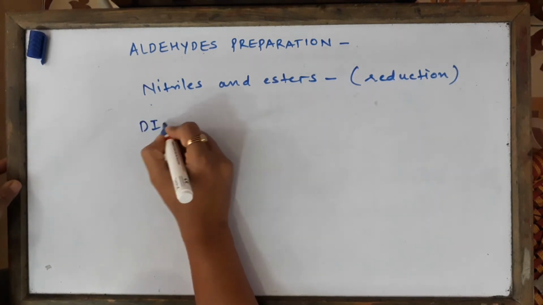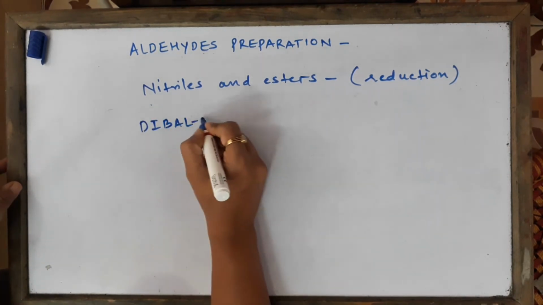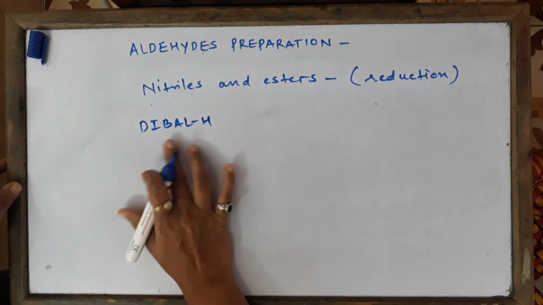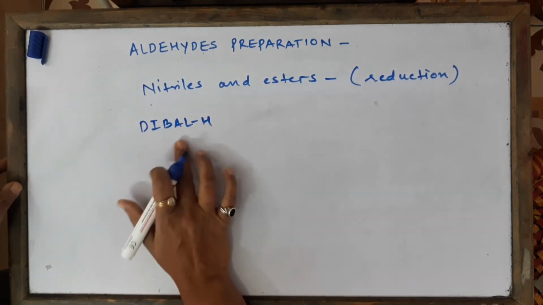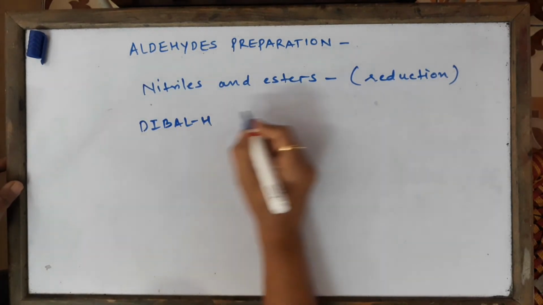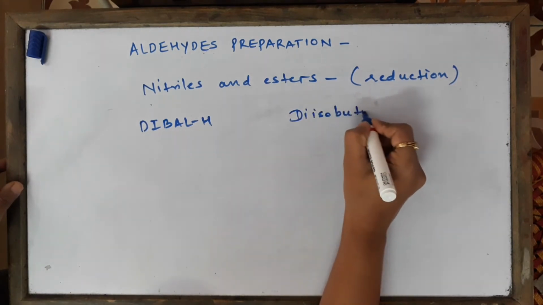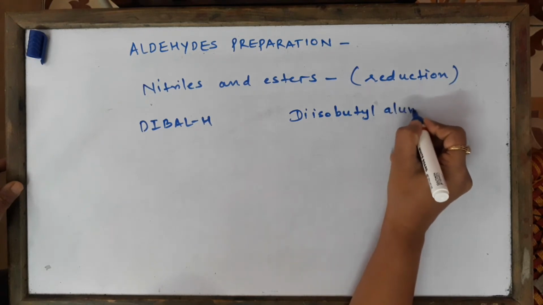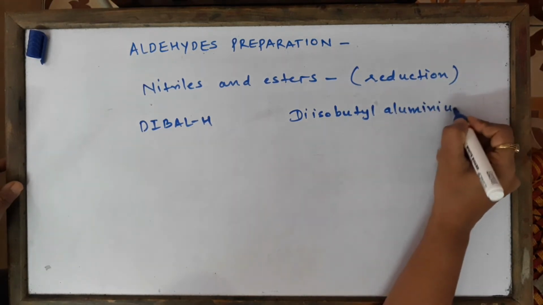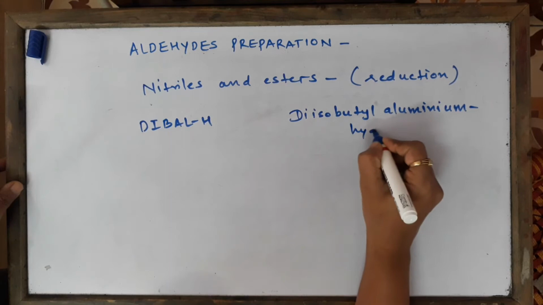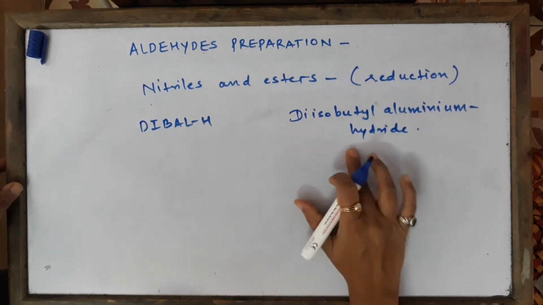Now there's another very new and interesting reagent in your syllabus, which is DIBAL-H. Look at the abbreviation DIBALH, which stands for, I'll just write down its full form, it's very simple: diisobutyl aluminium hydride. It's going to donate the hydrogens in the form of H minus.